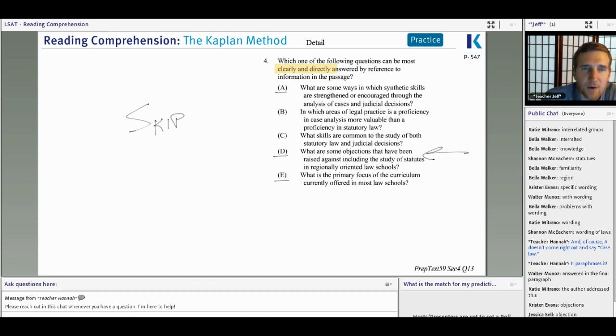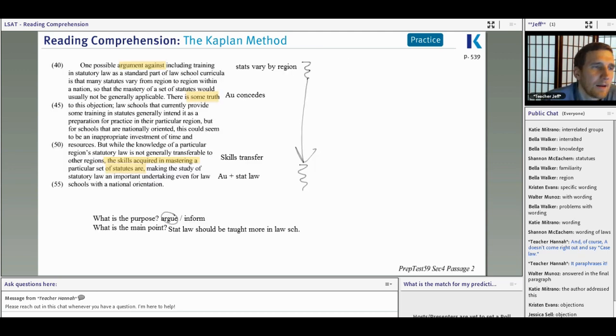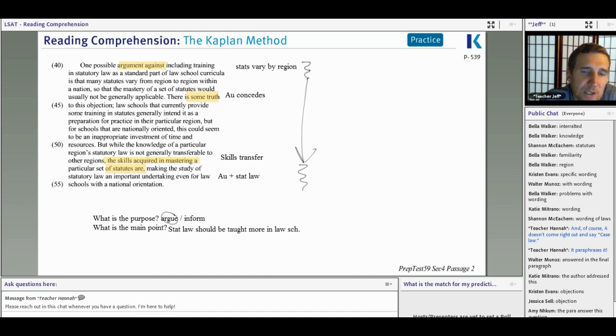Let's take a look at the final paragraph. So, final paragraph. Does the final paragraph talk about objections from regionally oriented schools? Research. Remember, this is why we mark this, so you can go back and reread. Where is that happening? Tell me the line.